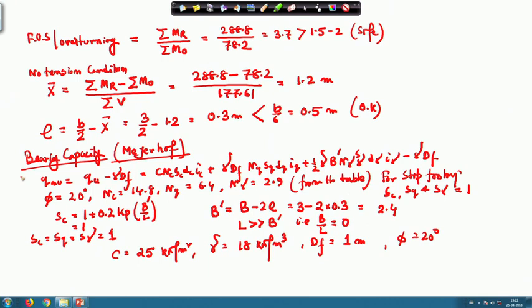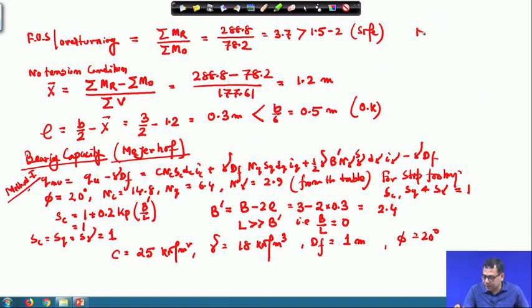In the second method, you calculate Q max by the summation of V divided by B into 1 plus 6 E divided by B. Then compare this Q max with the net ultimate bearing capacity.